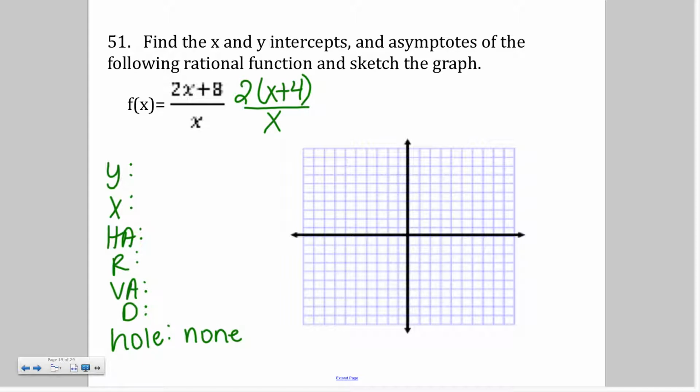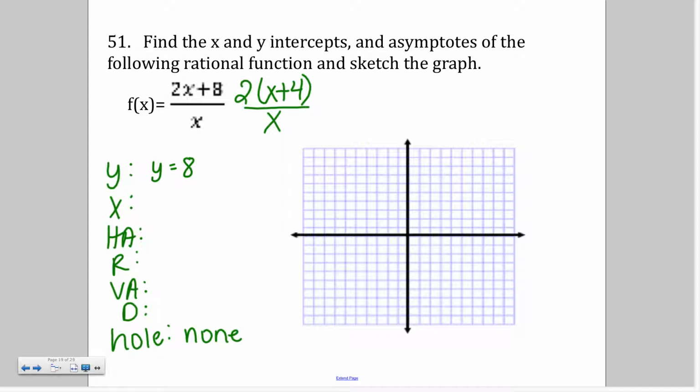All right, let's look at our y-intercept. If we plug 0 in here and a 0 in here, it gives us 8 over 1. So our y-intercept would be 8. So y is equal to 8. Now, our horizontal asymptote, we look at our exponents, and I'm going to erase where I wrote over with a 0.